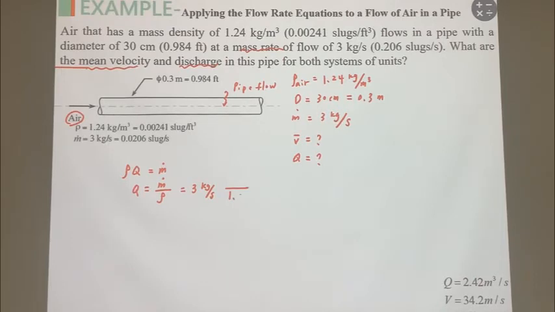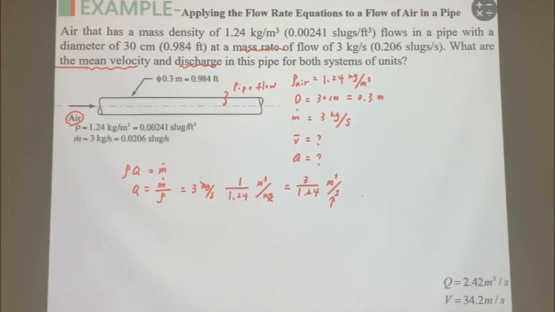So we divide 3 by 1.24, and the unit is meter cubed divided by kg. You balance the units, the kg cancels out, and finally you divide 3 by 1.24, and the unit is cubic meters per second.